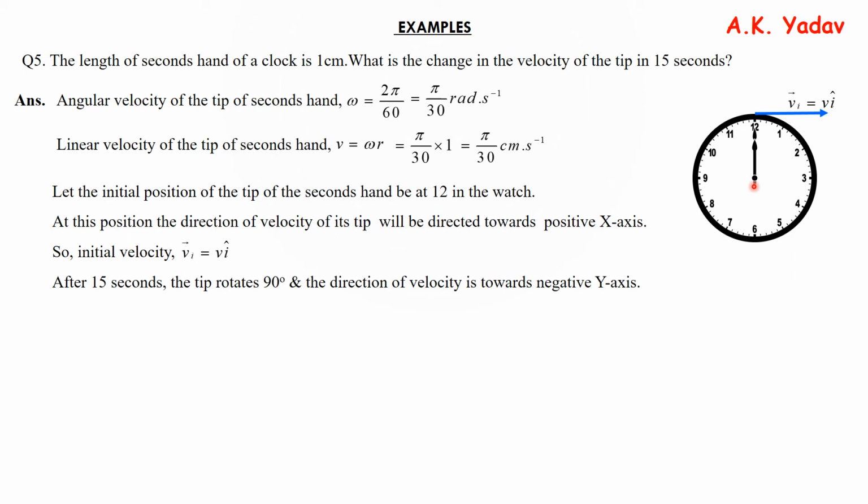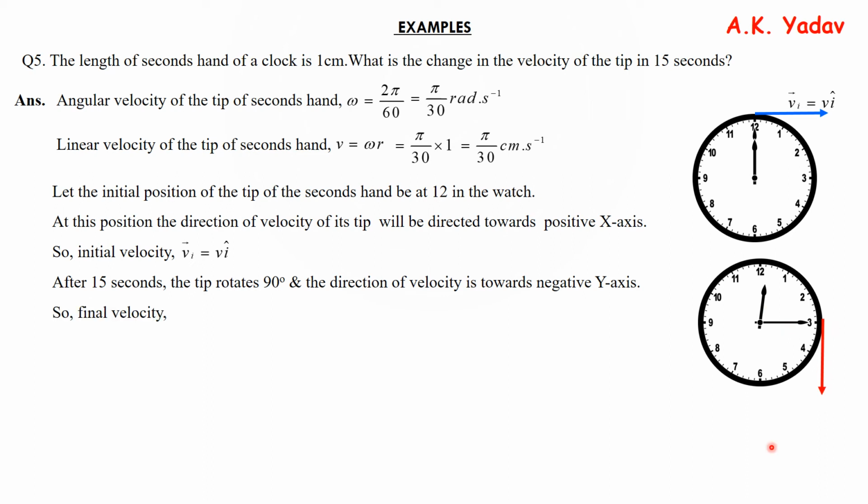After 15 seconds, the tip rotates 90 degrees and the direction of velocity is towards negative y-axis, as you can see here. So in 15 seconds, the tip rotated 90 degrees, now the direction is negative y-axis. So final velocity is equal to minus vj.